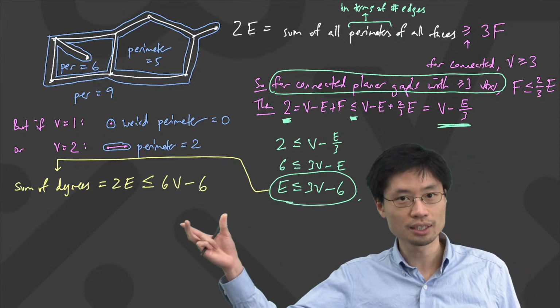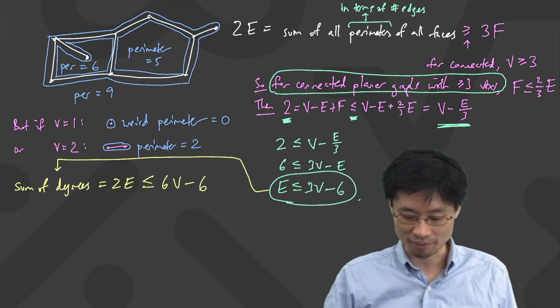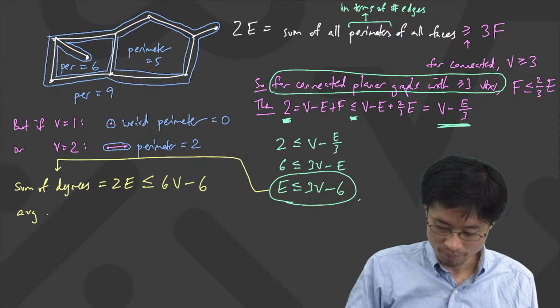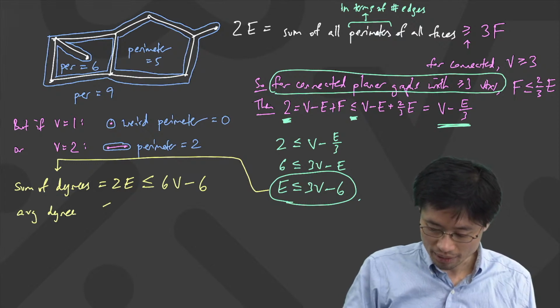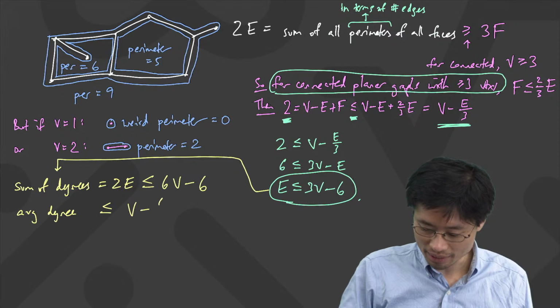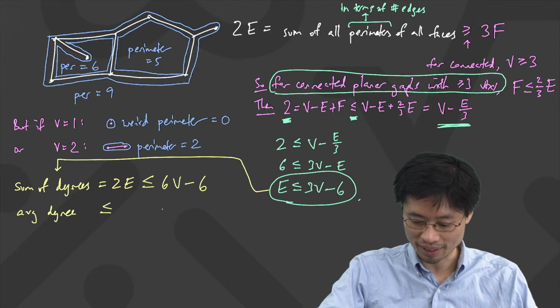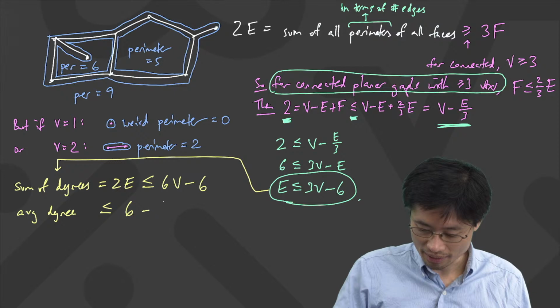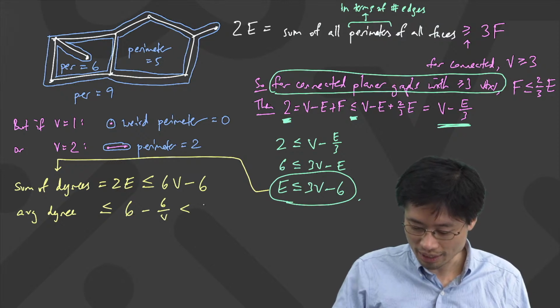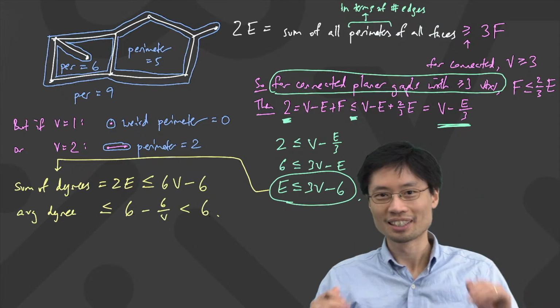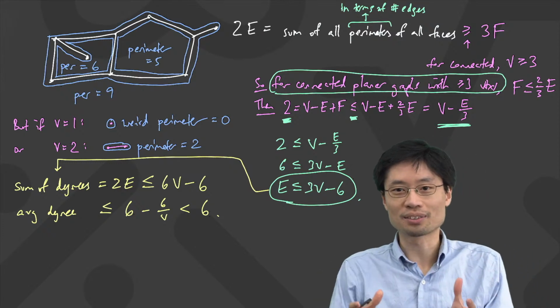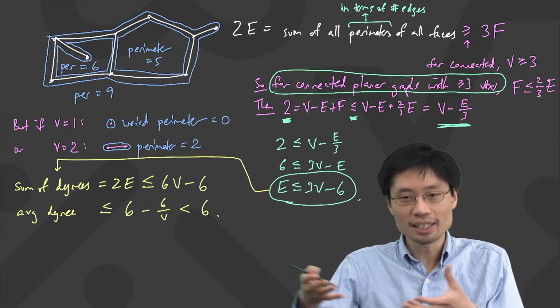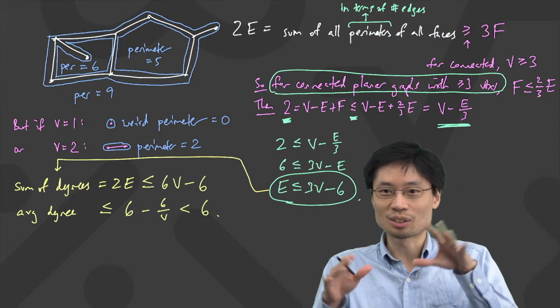And that's how you can see that the average degree, when you divide by v, is 6 minus 6 over v, which is strictly less than 6. That's telling you something about how if I have a planar graph, my typical degree can't be too big. And 6 is sort of like a limit.